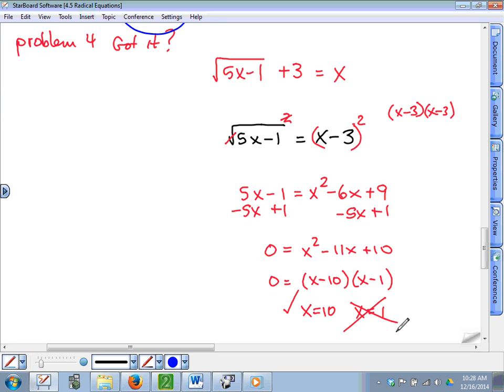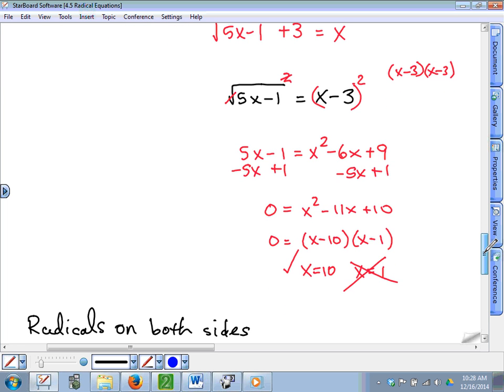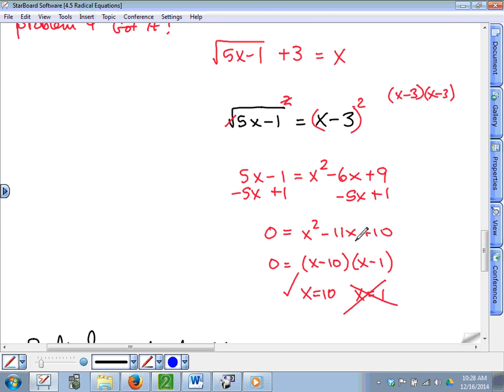Still with me? Here's a different type of problem. You get the factors of terms that add to 11. So negative 10 and negative 1 add to negative 11.